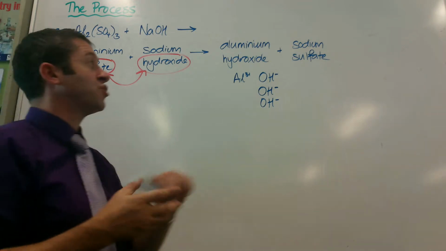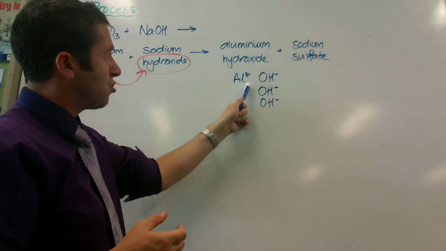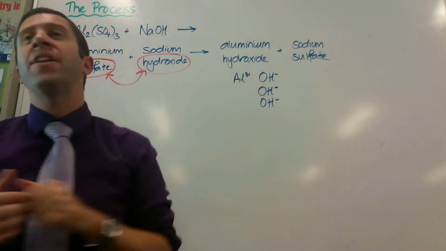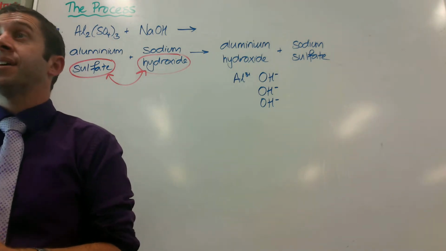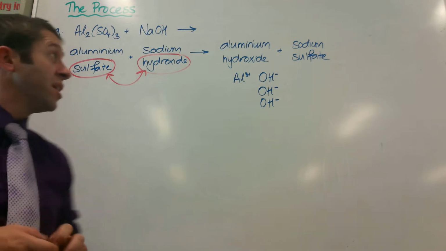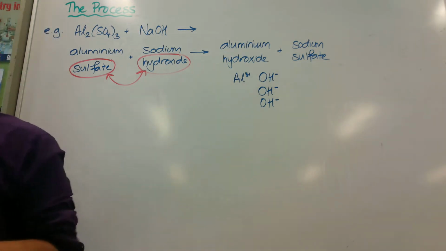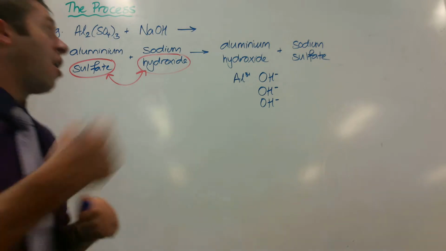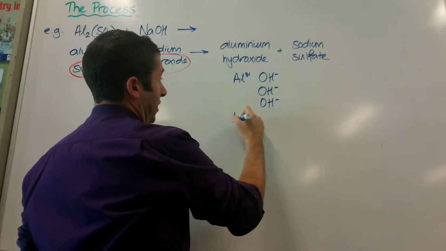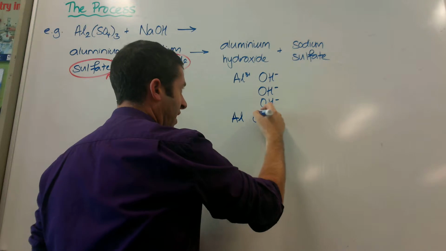Now some of you might do the drop and swap. You take the 3 from there, drop it here and put it over here. I find that risky because I sometimes forget to put brackets in place for writing a formula. So by writing it out this way, which looks a bit daft, but actually writing it out this way will make me write it properly. I've got 1 aluminium and I've got 3 hydroxides.